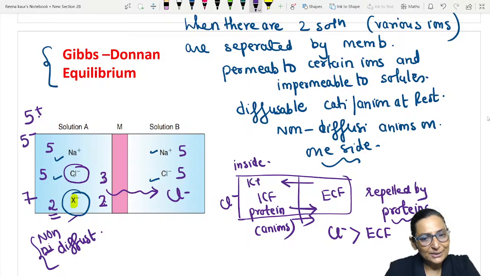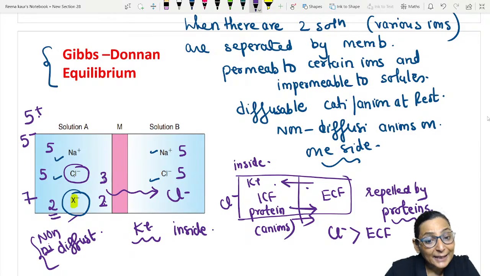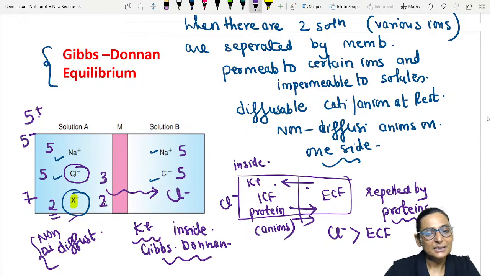Why? Because potassium is the maximally diffusible one. So the Gibbs-Donan equilibrium is indirectly contributing to the movement of potassium from outside to inside. Potassium favors coming inside, and it is again facilitated by the Gibbs-Donan effect, because the proteins cannot move outside, so you have to get in the positive ion, and the only positive ion which can enter inside at rest is potassium.